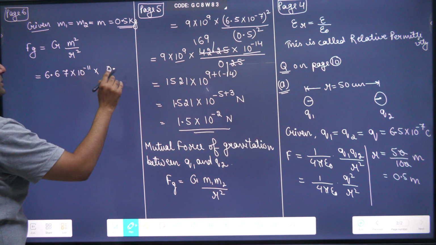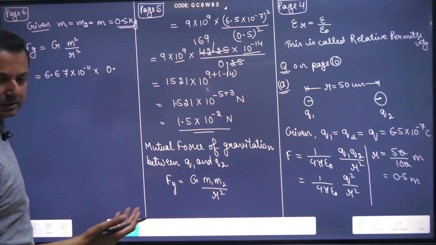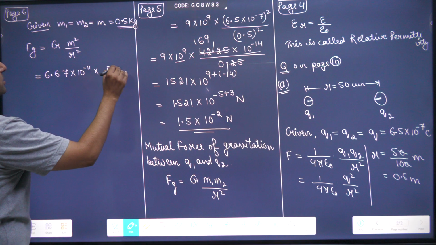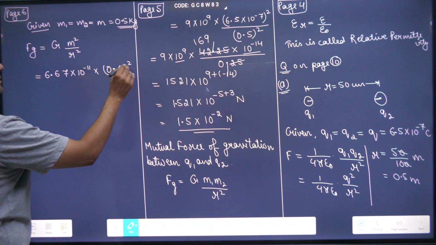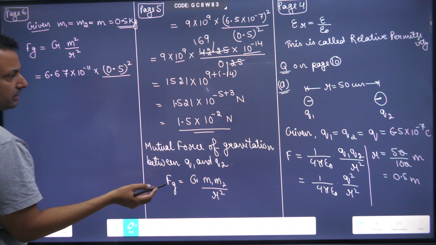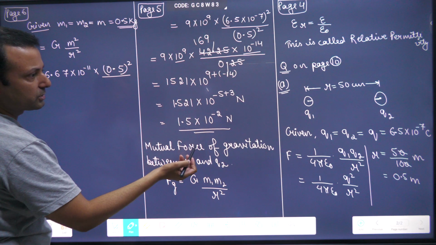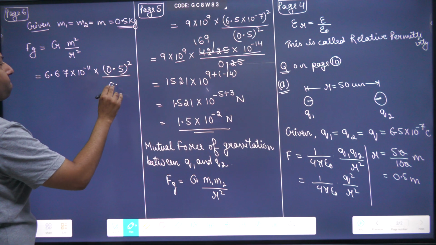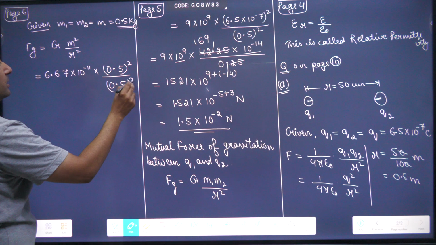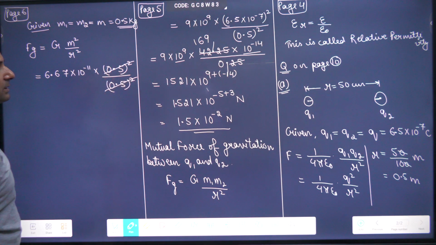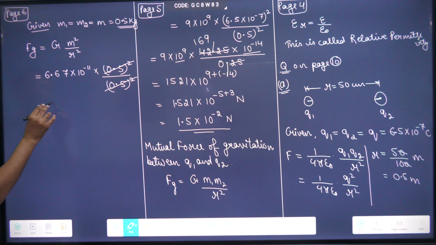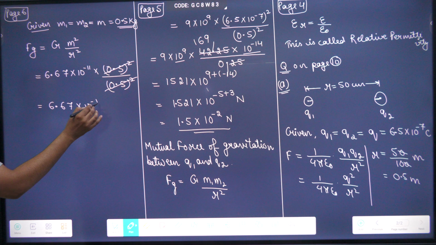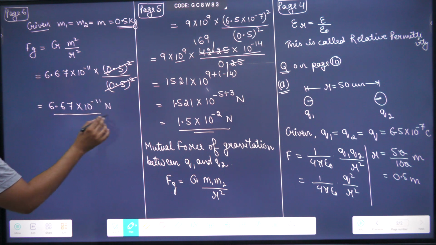And kg is the SI unit, the standard unit of mass. So 0.5 whole square upon r. What is r? r is also 0.5. 0.5 whole square, so both terms will get cancelled from each other. Now it is 6.67 into 10 to the power minus 11 Newton.